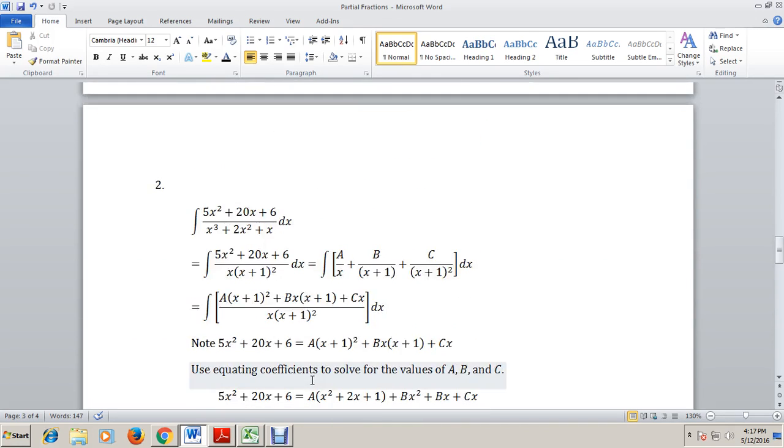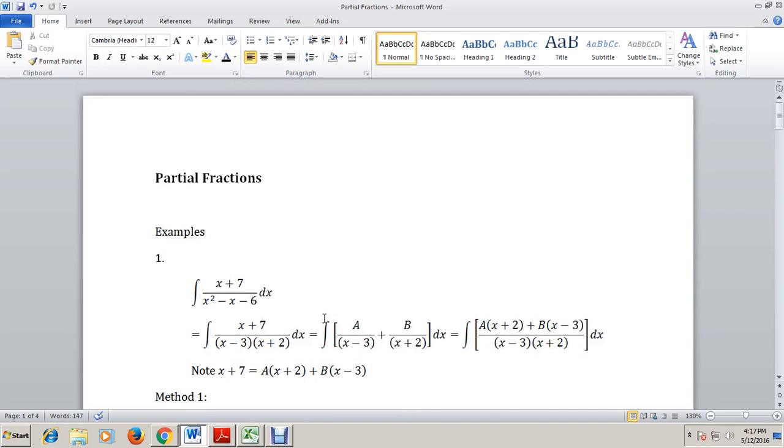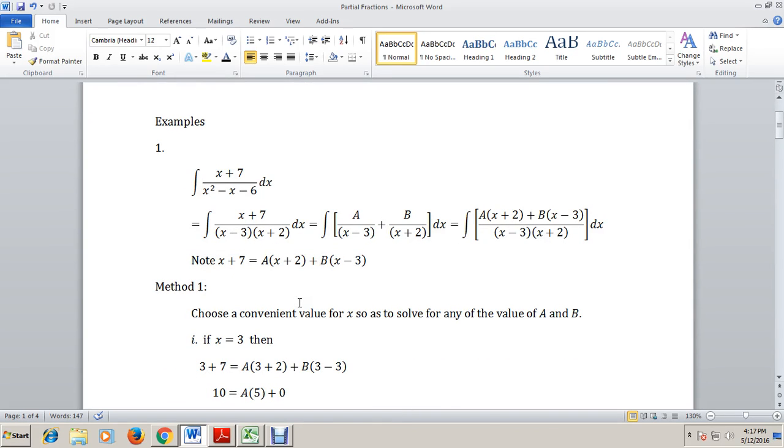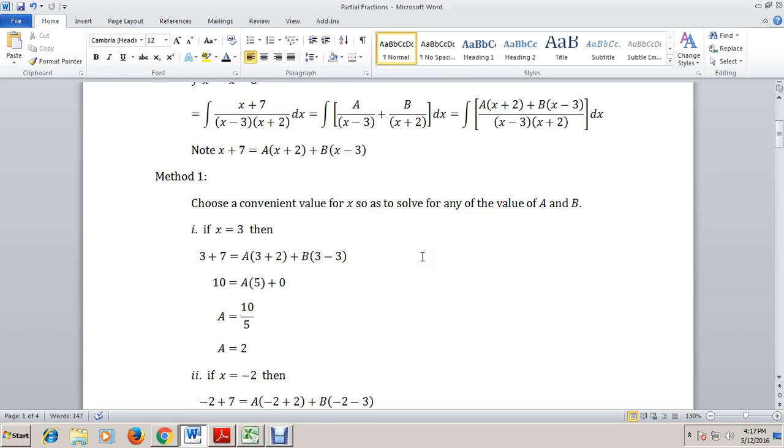Okay, so just like what I have mentioned, I'll just be presenting to you two examples for partial fraction. Although there are actually 4 cases for doing partial fraction, I will not be covering that today.